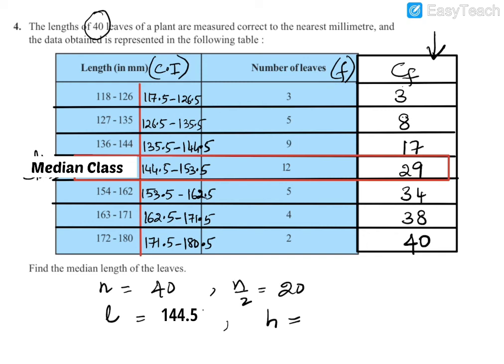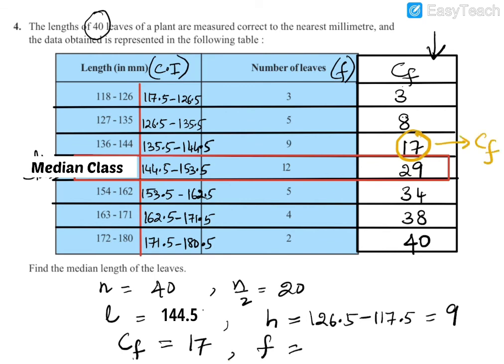The class size h is obtained by subtracting the lower limit from the upper limit of continuous class intervals. So 126.5 minus 117.5 is 9. CF is the cumulative frequency of the class preceding the median class. So 17 is CF and F is the frequency of the median class, so that is 12.